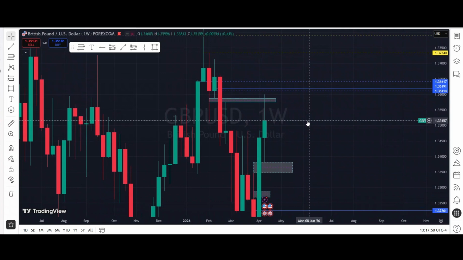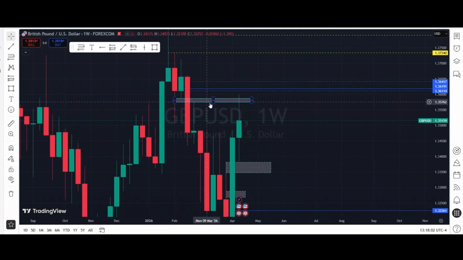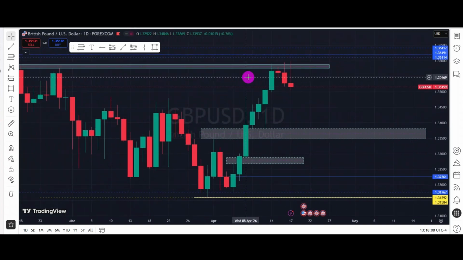Then the question is, will price continue to go a little bit higher to maybe respect this other block? But I believe that, using price action, price will be respecting this level. If we drop to our daily time frame, this is where we are.